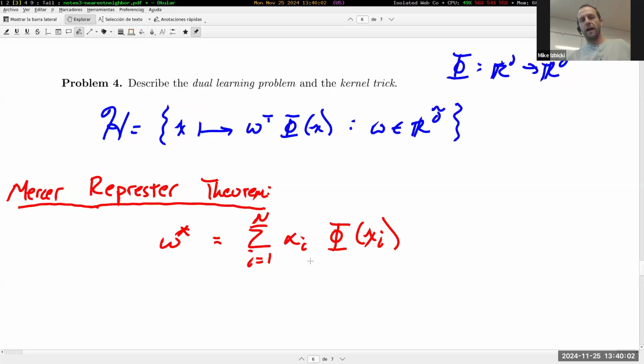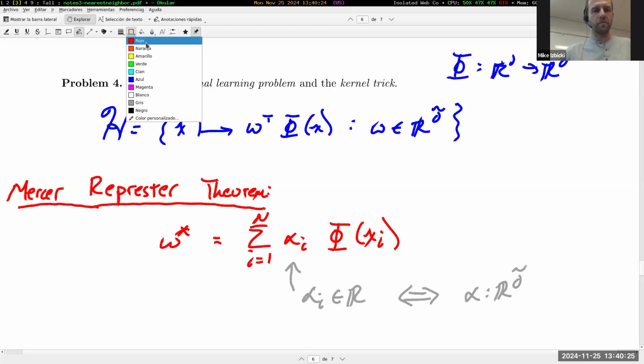Each of these individual alpha sub i variables is a real number, and so that implies that the alpha variable without a subscript is a vector in R to the d tilde.